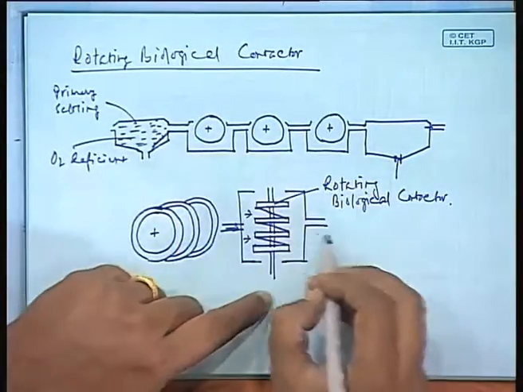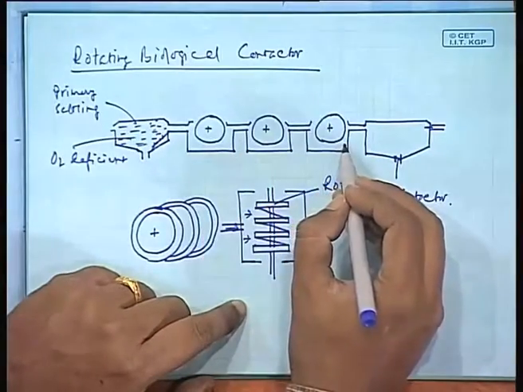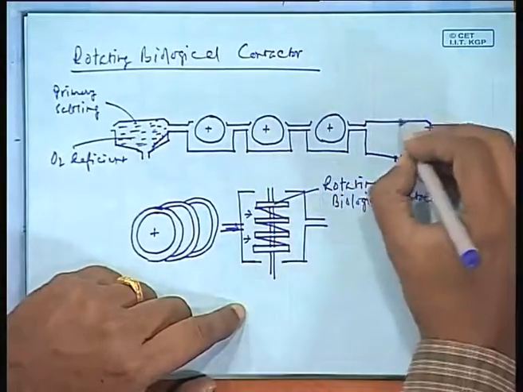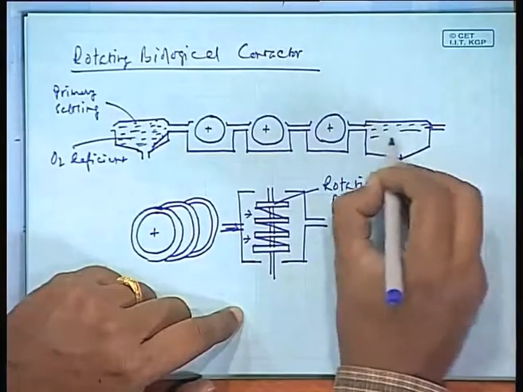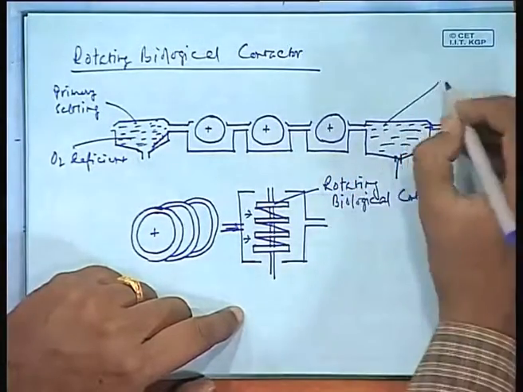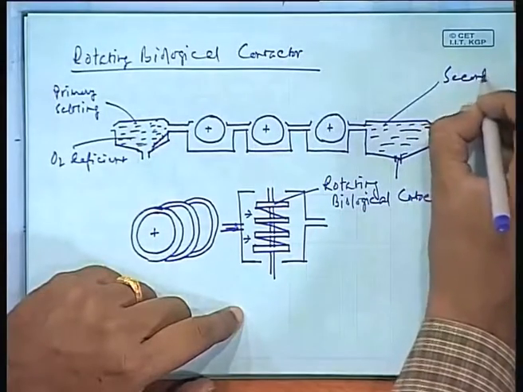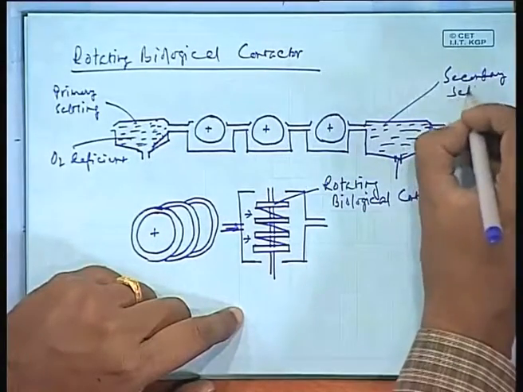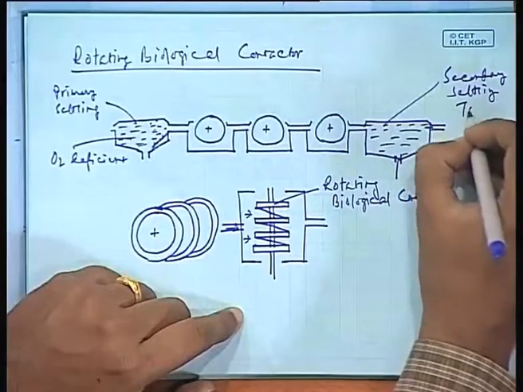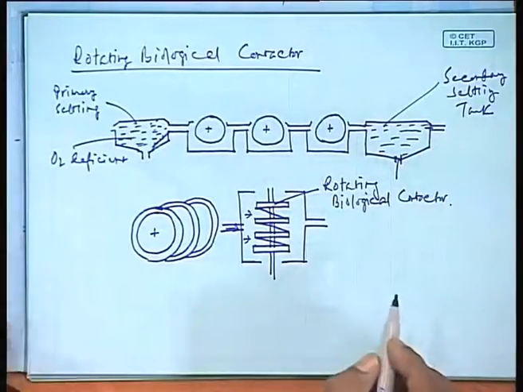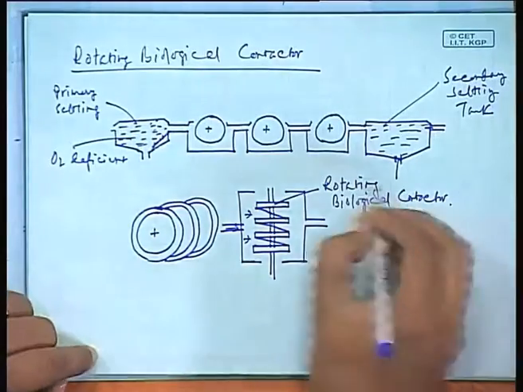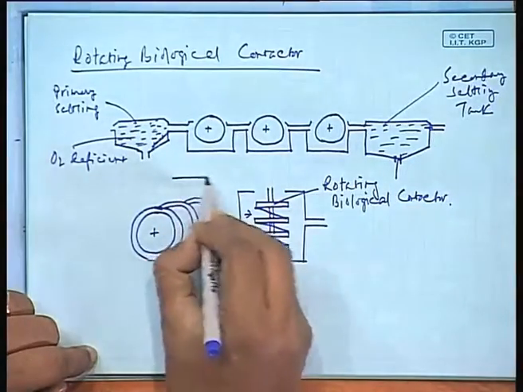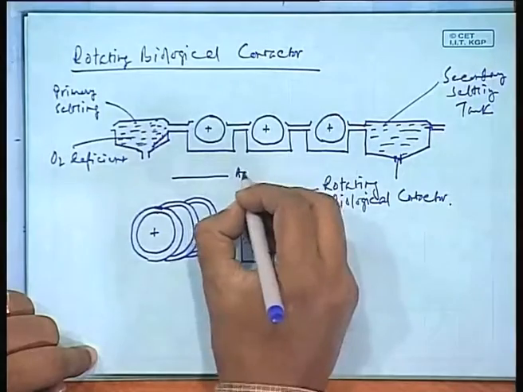There will be 3 streams or 4 streams like this, then it would finally go into a secondary settling tank. This is what is a secondary settling tank. Another interesting thing that takes place here is the activated sludge.